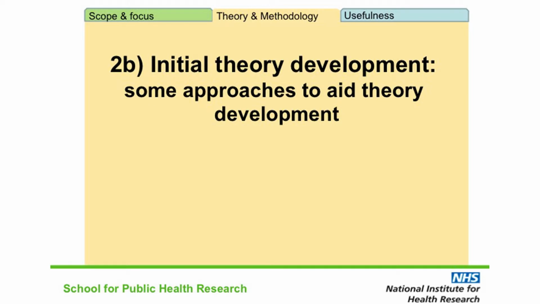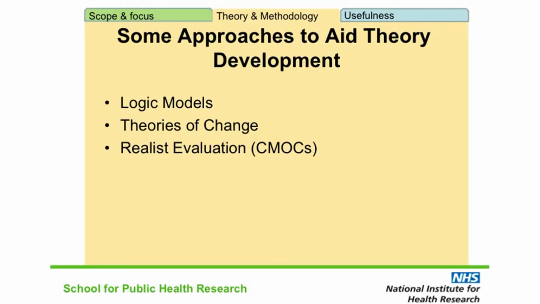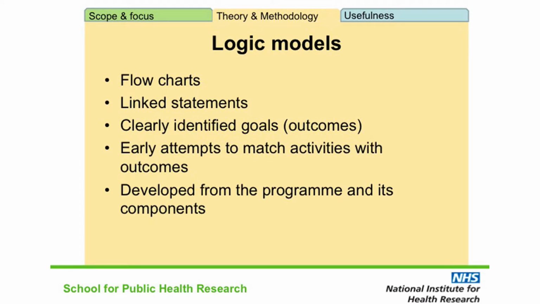So I'd like to introduce you to some approaches that can aid your theory development when you're trying to develop a theory-driven evaluation approach. And these are logic models, theories of change, and realist evaluation approaches using context, mechanism, and outcome conjectures. So the first of these, logic models, are quite simple diagrammatical representations quite often of a program.